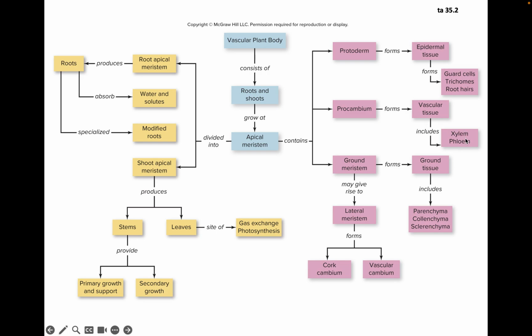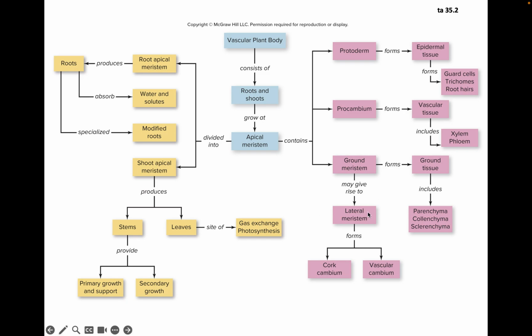The xylem is for water, and the phloem is for bigger molecules like glucose and other ions, hormones, and amino acids. Then you have the ground meristem, which gives you the ground tissue: the parenchyma, the cells that have all the chloroplasts, and the collenchyma and sclerenchyma, which give a lot of the firm structure.